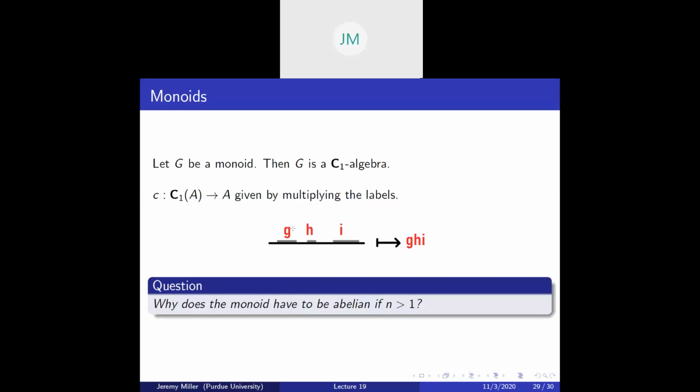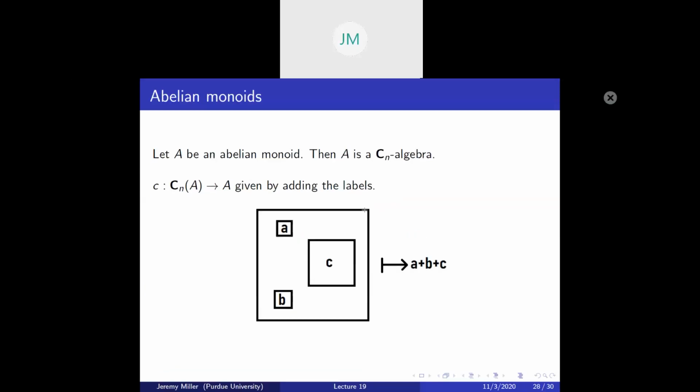What's the reason for that? Yeah, so like what would go wrong if A, B, and C were in a non-abelian monoid with this definition?